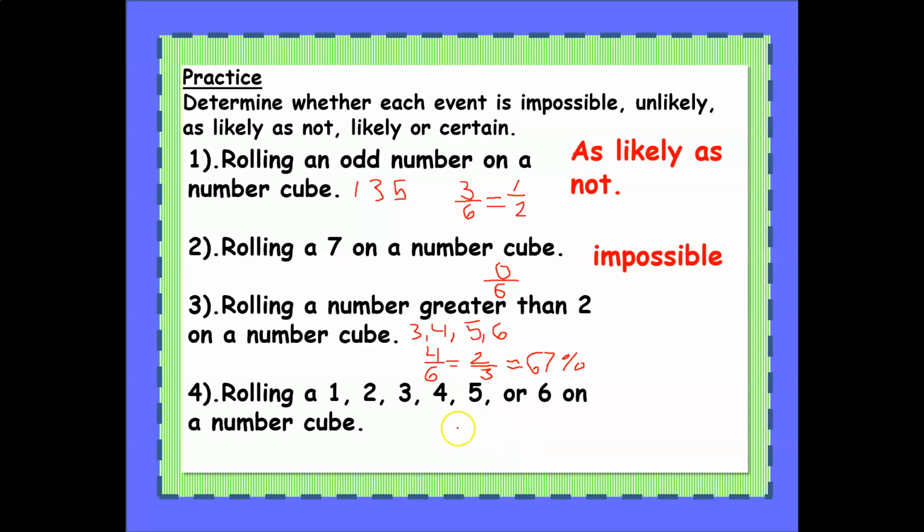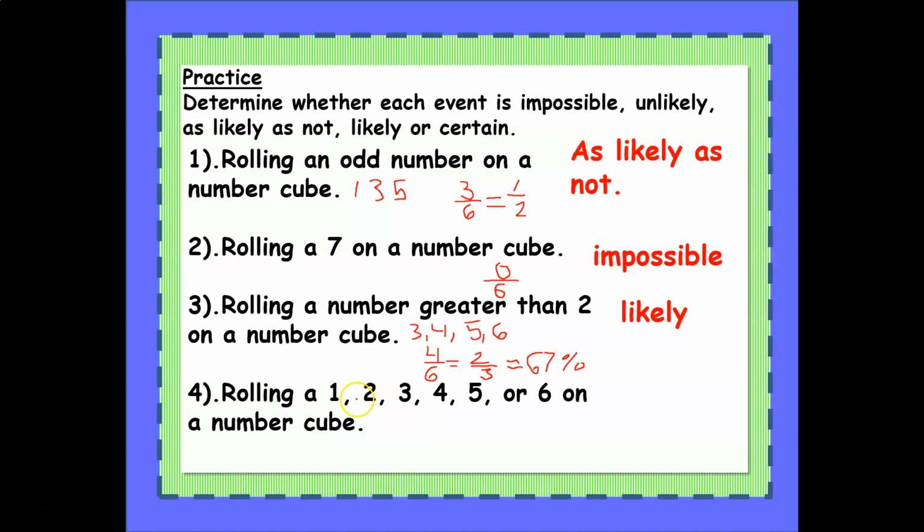So if we think back to our continuum, that's going to put us in likely because it is above 50%, but it's not up to 100% yet. So that's going to be likely to occur.